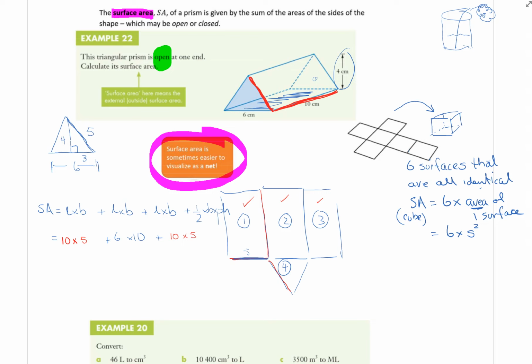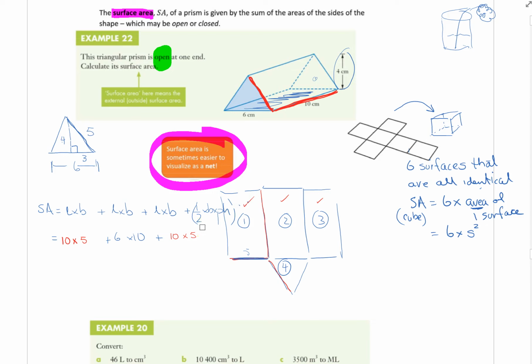Moving on to the triangle, and actually I should have had times 2. No, sorry, no I don't, because it's open. I've only got one, sorry, my mistake.